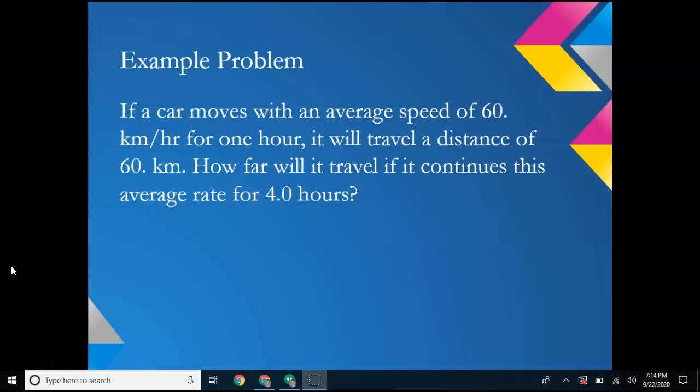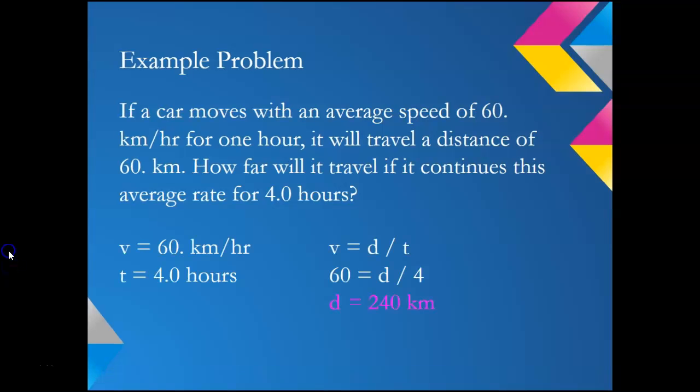Next example problem. If a car moves with an average speed of 60 kilometers per hour for 1 hour, it will travel a distance of 60 kilometers. How far will it travel if it continues this average rate for 4 hours? First step is to list what you were given.